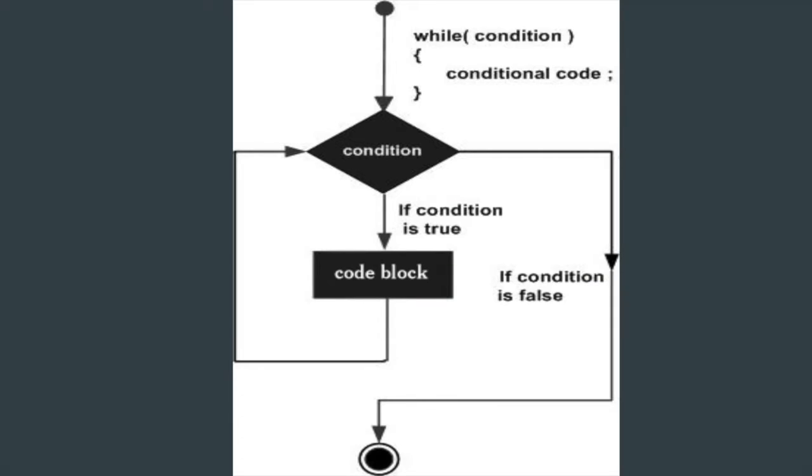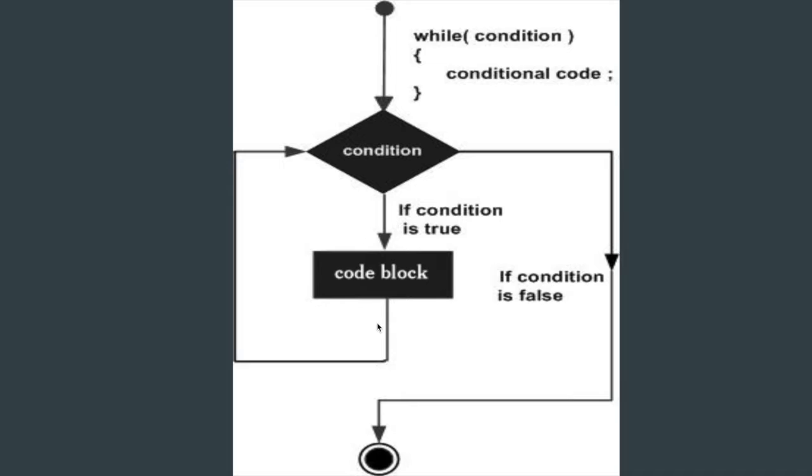Here is an example in the flowchart of how the while loop works. Here you can see, guys, while condition. You need to define a condition for the while, and the loop checks if the condition is true in the code block.